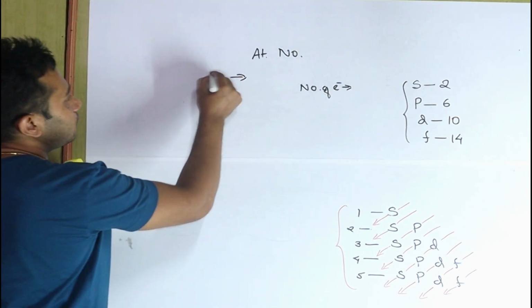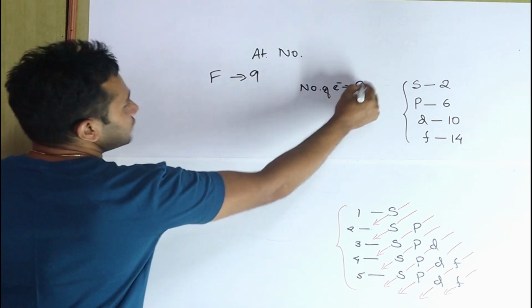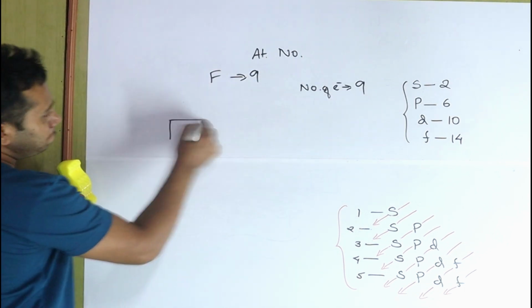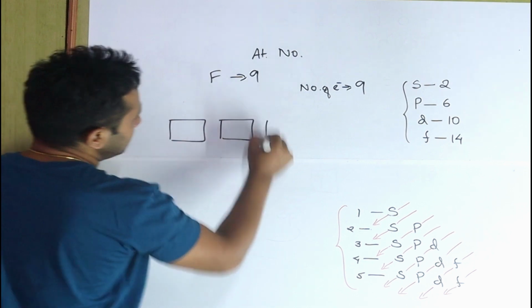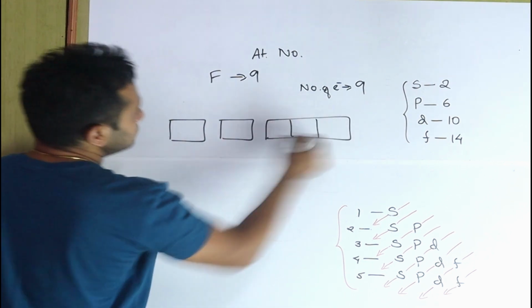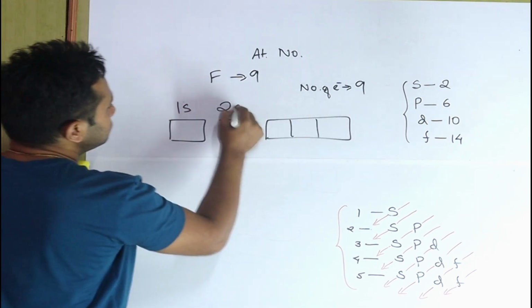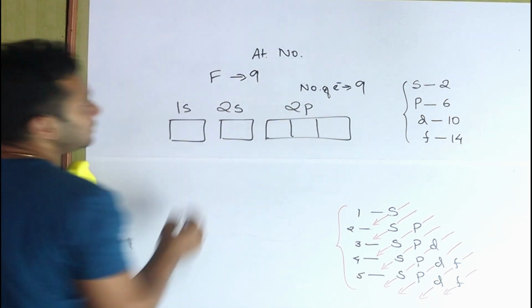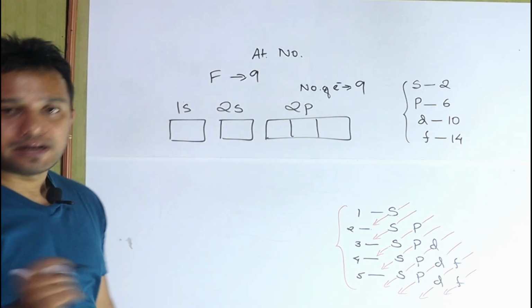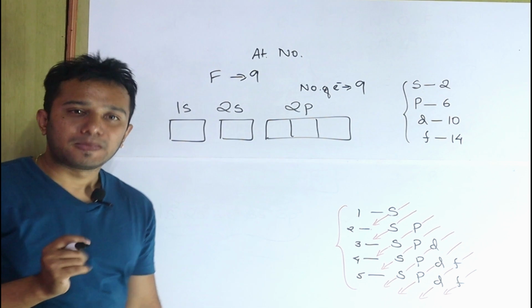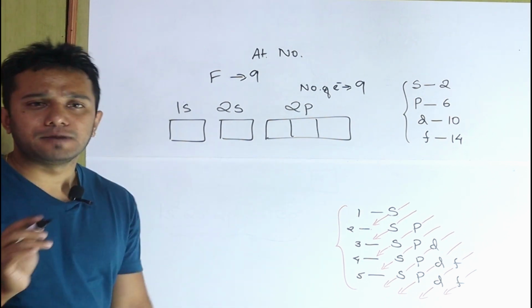So again we have fluorine, atomic number 9. Number of electrons is 9. So 1s, 2s and then 2p. So there are 9 electrons in fluorine. So I'll fill them up.